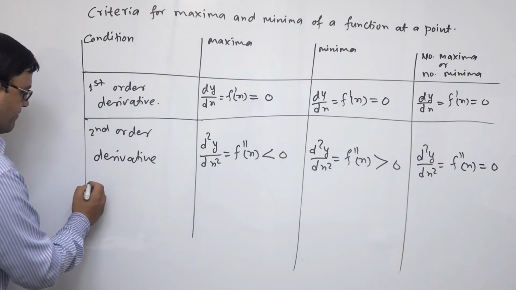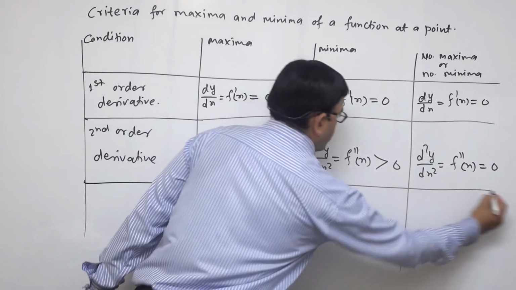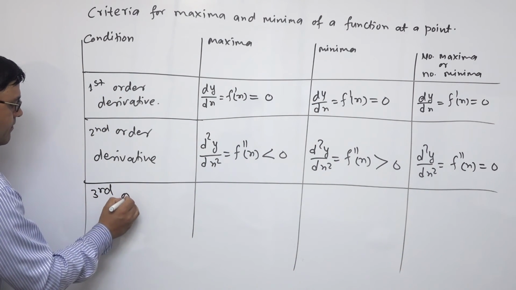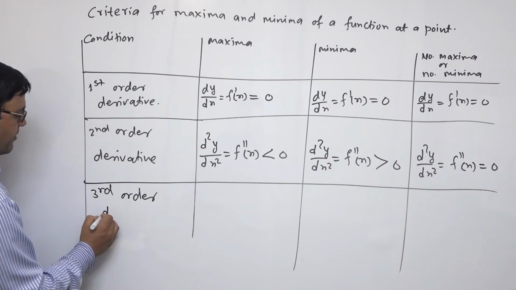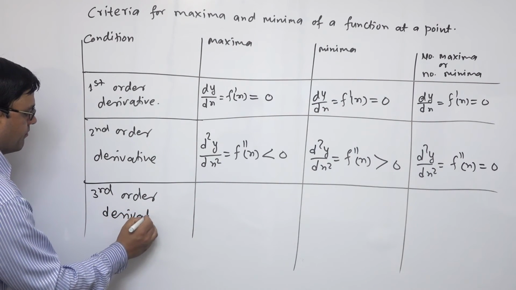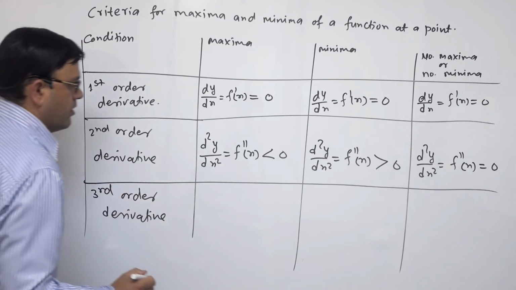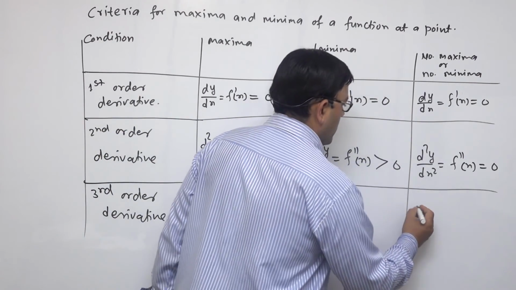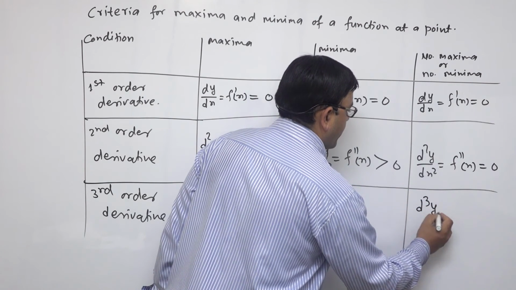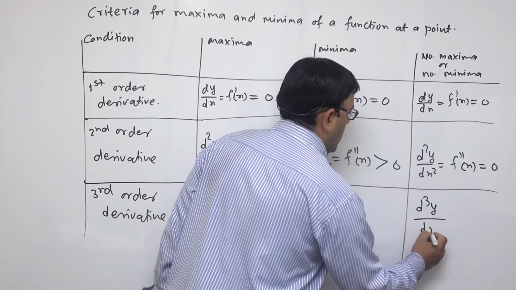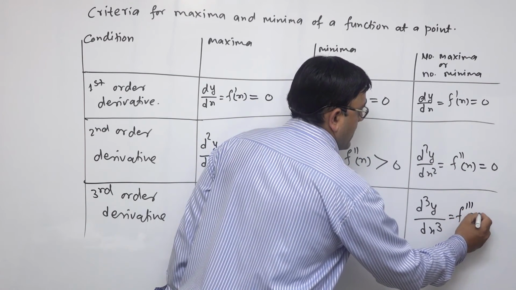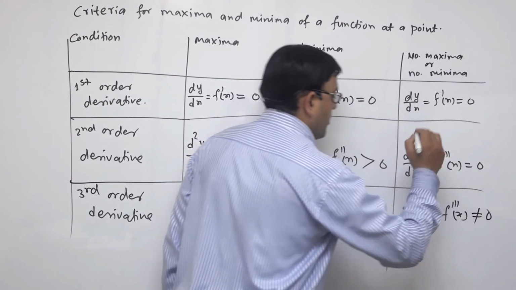Now third order derivative. In this case, for maxima and minima not there, so d cube y, this is third order derivative, or dx cube, it means f triple dash x, which is not equal to 0.